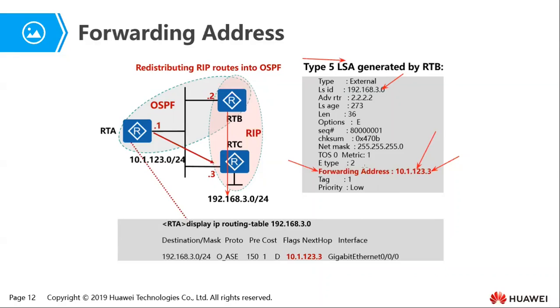So that is what the forwarding address is used for, to specify the next hop so that we can avoid suboptimal routes. And therefore, if you display the routing table for that particular network, you can see that the next hop now has been changed to the optimal route and to the interface on RTC.3.